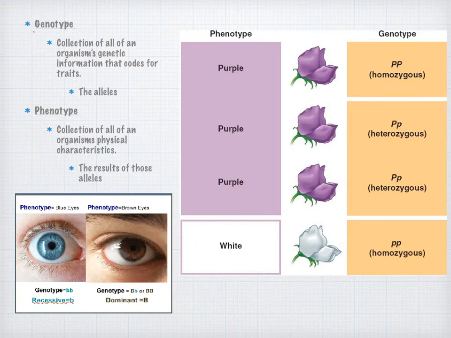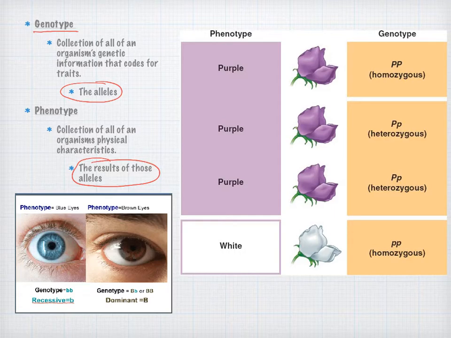A genotype is a collection of all of an organism's genetic information that codes for traits, meaning all the alleles that organism contains. The phenotype is all of an organism's physical characteristics or physical traits, which means the results of the proteins coded for by those alleles.